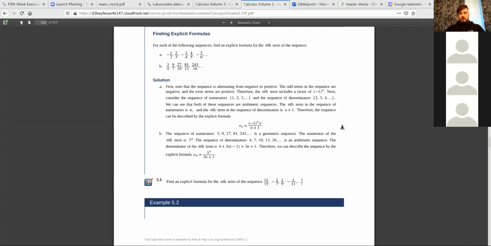I don't think it is in the curriculum, but if you are interested in sequences and so forth, it's a very good read, very concrete.